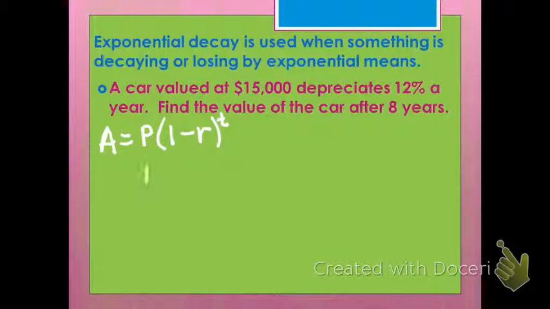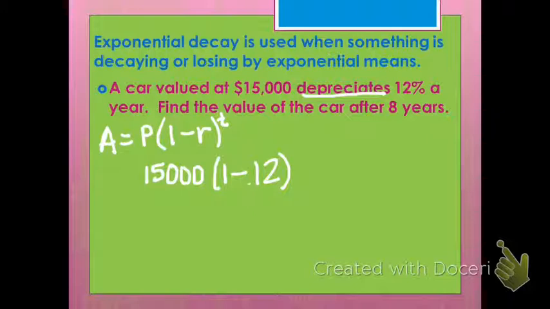Valued at $15,000, so that's the beginning price. It depreciates, and that tells you that you're using the decay, so 1 minus. The rate is 12%. Remember to put it in decimals. And the time is 8 years. So the only thing we don't know then is the total, which is what it asks us to look for.